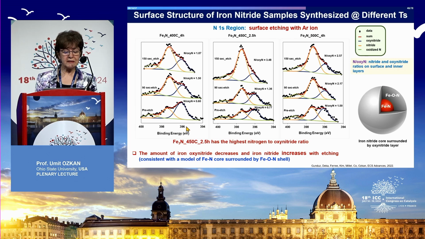And what we're seeing is, as we increase the etching time, as we go up in this direction, the amount of iron oxynitride is decreasing, and iron nitride is increasing. So this suggests a model where there is an iron nitride core surrounded by an iron oxynitride shell.